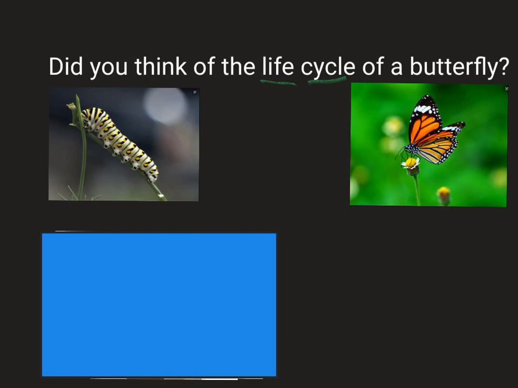When we're thinking about a living thing that goes through phases and changes to turn into something else or to grow and change into their adult bodies. So if you look here in this picture, you will see a caterpillar over here. How does a caterpillar turn into this beautiful butterfly? So that's an interesting transition that the caterpillar will have. So let's take a look at the life cycle of a butterfly.